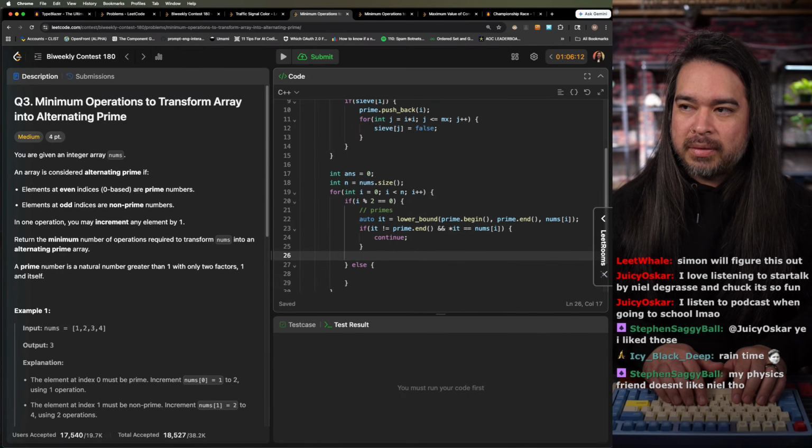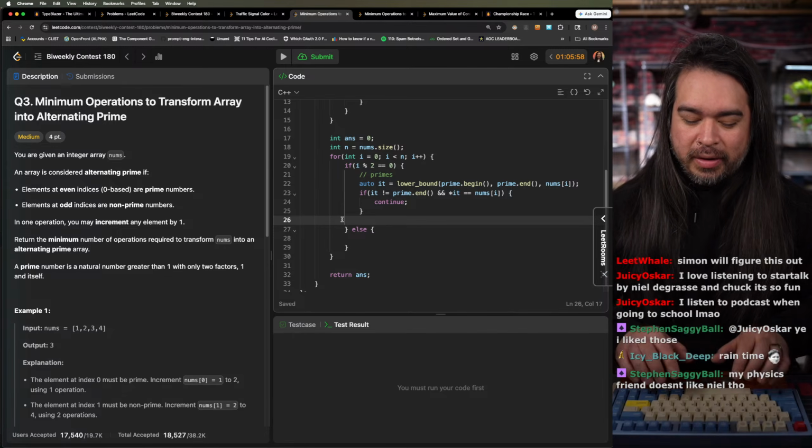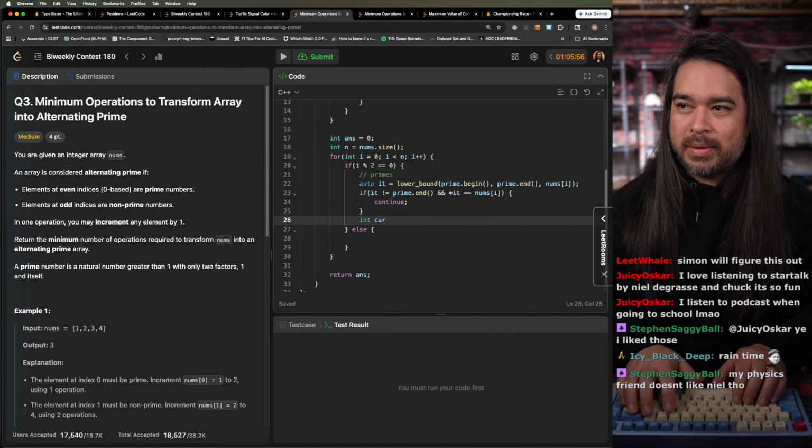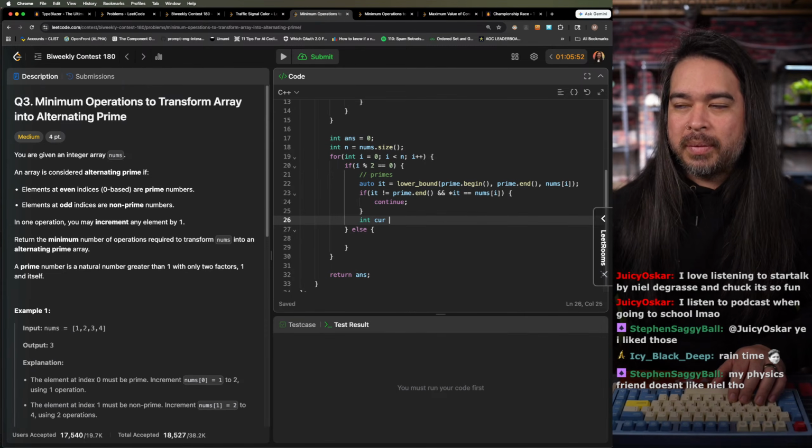But if it's not, then we gotta do something, but I'm not sure what yet. We gotta figure out the distance between this and either the prime number above or below it.